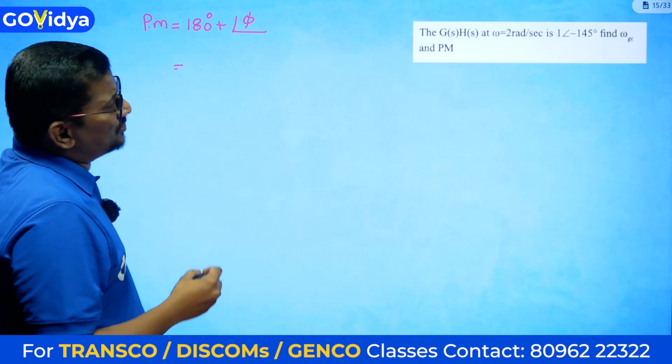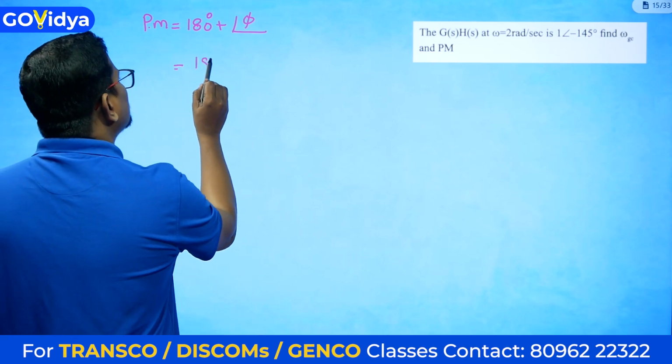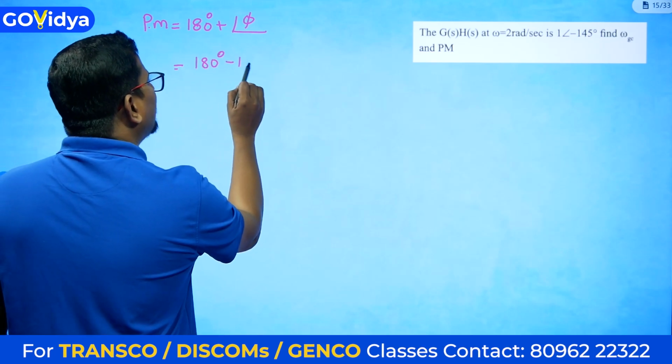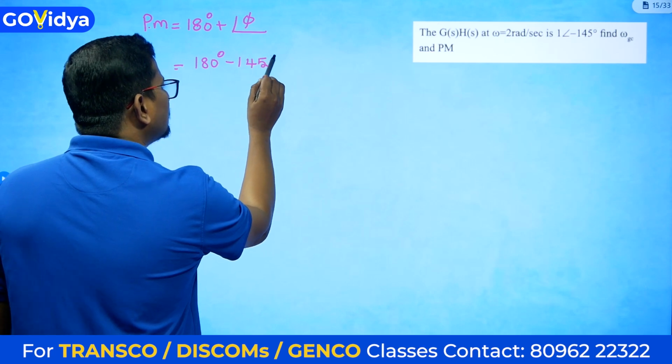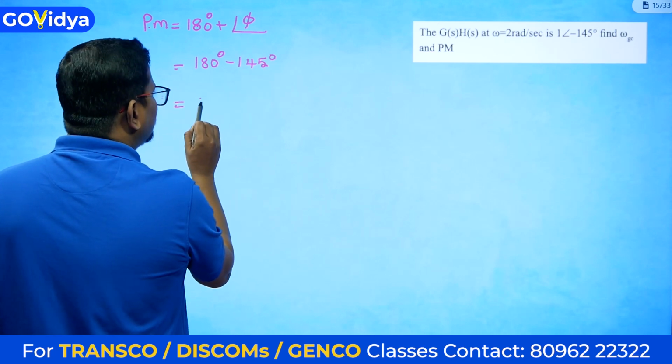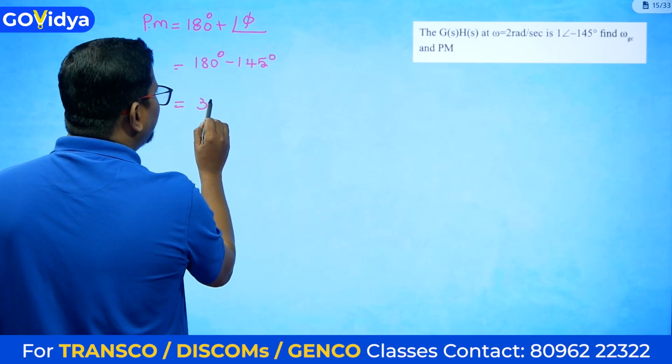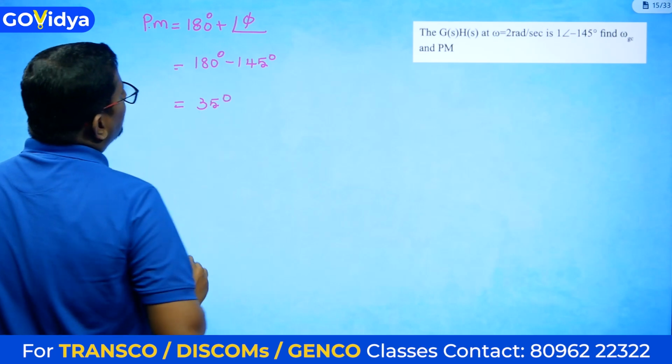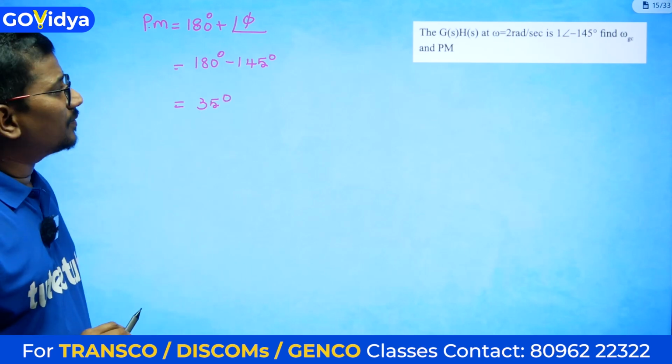What is the angle of G(s)H(s)? It is minus 145 degrees. So the value is 35 degrees. This is the phase margin we got.